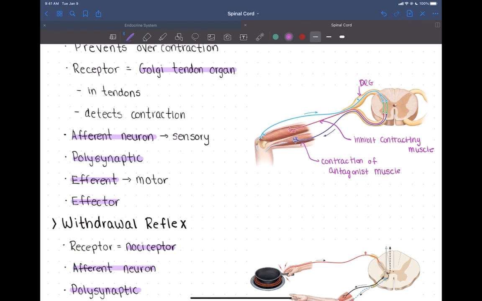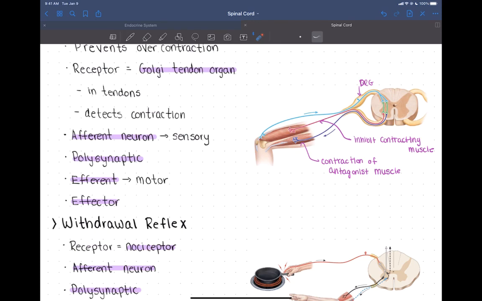And that's because we want to counteract that contraction. Make sure it stops. We want to stretch out this quadriceps muscle that was overly contracted. So we'll do that by causing contraction in the opposing muscle. This would be causing extension of the knee, and activating this muscle will now bring the knee back and cause flexion of the knee.